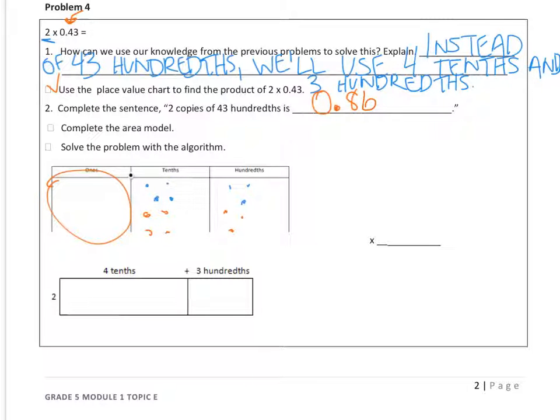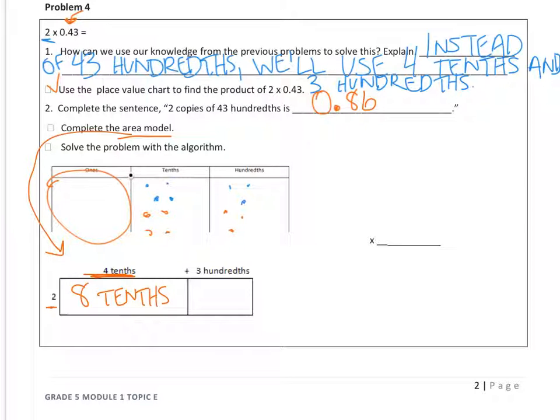All right, so let's look at a different way to multiply called the area model. So this is an area model right here. So check it out. I've got my 2 and my 4 tenths. So since they're both on this side of the rectangle, I'm going to do 2 times 4, and I know it's in tenths. So 2 times 4 is 8 tenths.